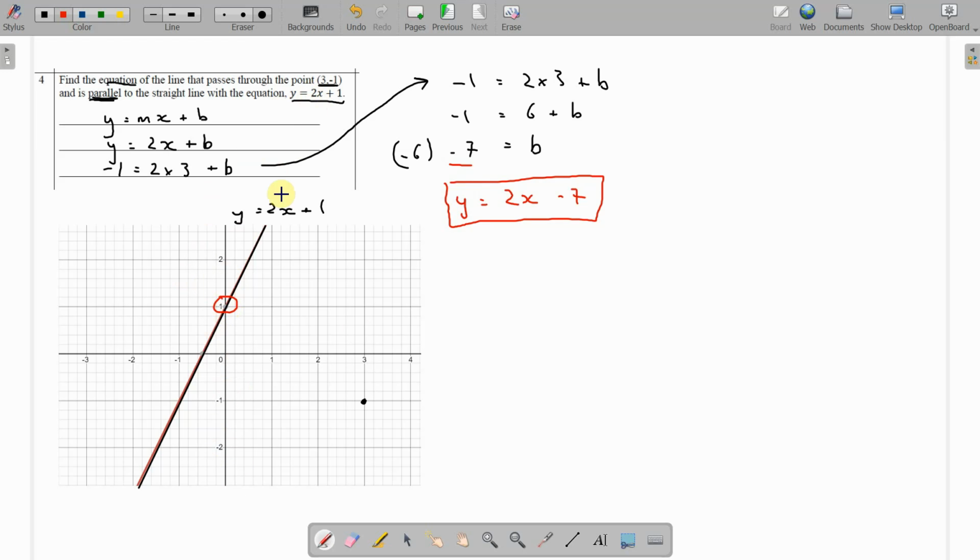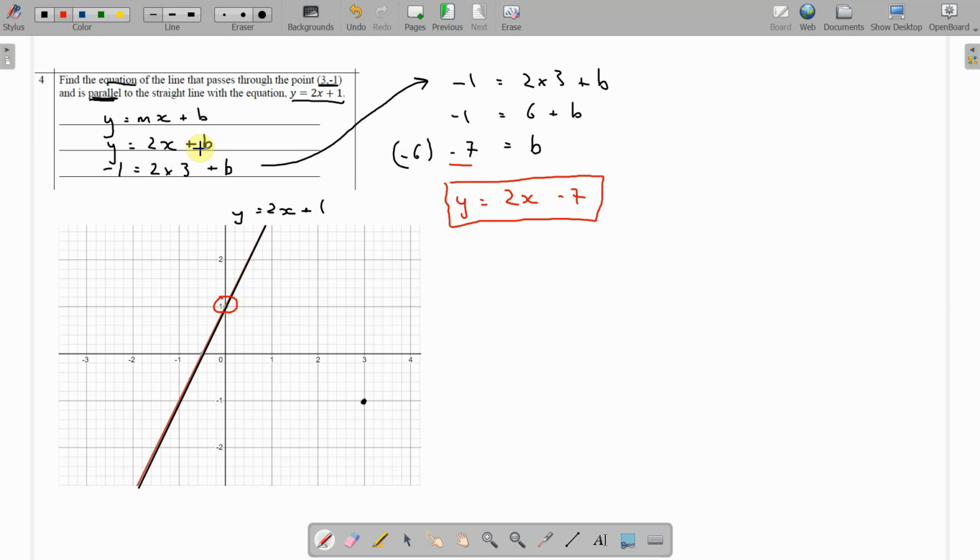That line there crosses at plus 1, that's where we get the plus 1. The new line here that goes this way, we don't know where it crosses this line yet, so that's an unknown. Same gradient, y-intercept is unknown.